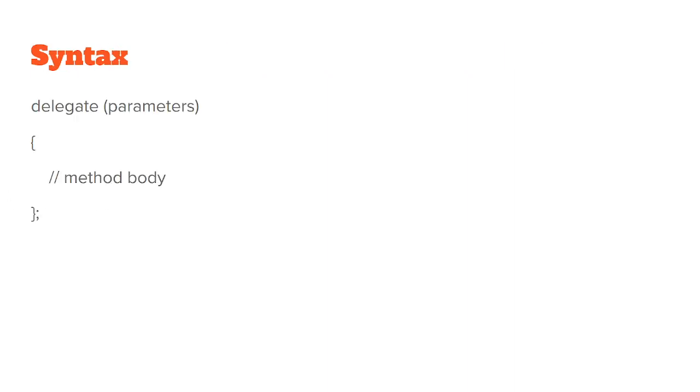So let's see the syntax of an anonymous method. In the syntax, delegate is the keyword that indicates we are declaring an anonymous method. Then parameters represent the input parameters that an anonymous method will take.